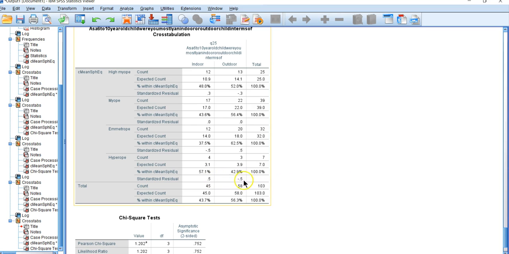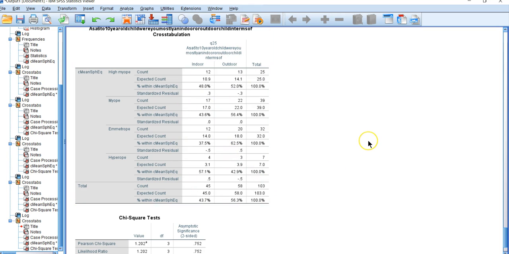And if that number is greater than about 2, then you know that this cell is contributing to the deviation from expected values. When you have a chi-square that has many values and you get a significant chi-square, you don't know where the difference is.